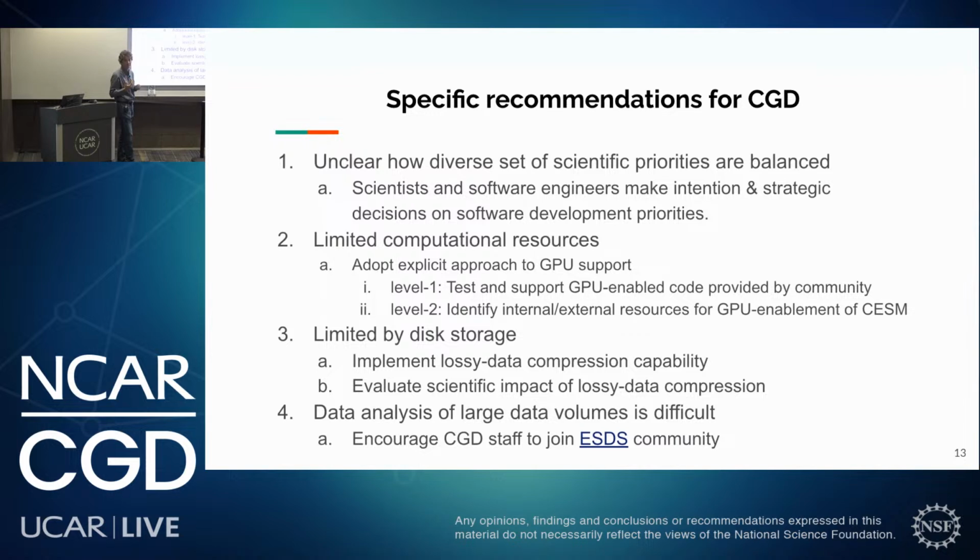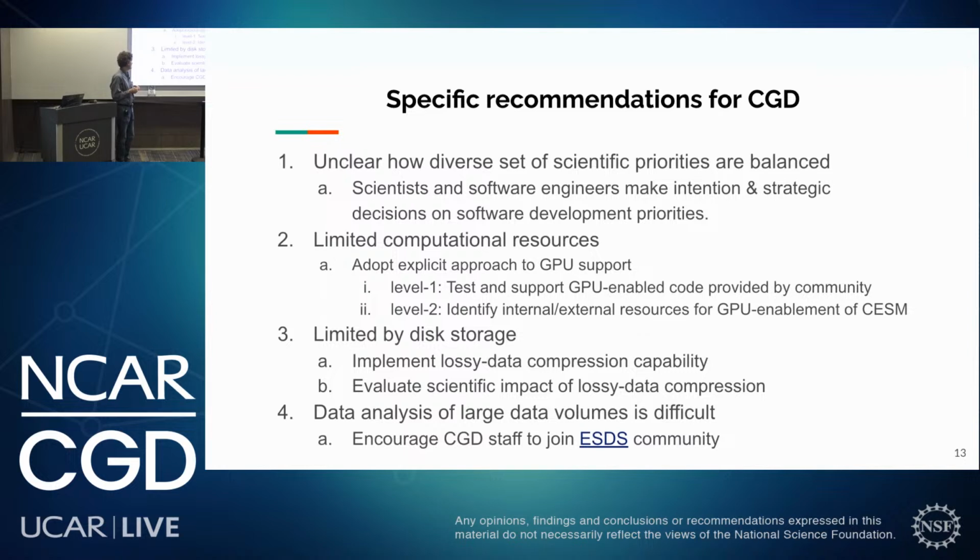This is much more aggressive, and that would require resources. But I think that a level 1 is really critical, because if somebody hands you a piece of GPU code, you should be able to use it and make sure it doesn't break by updates that come in at a later time.